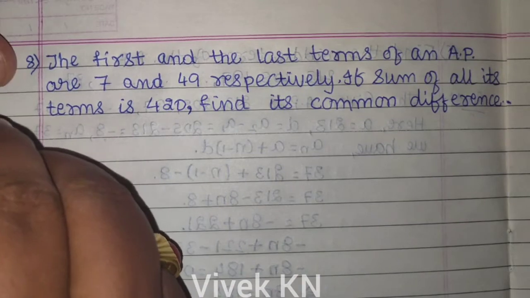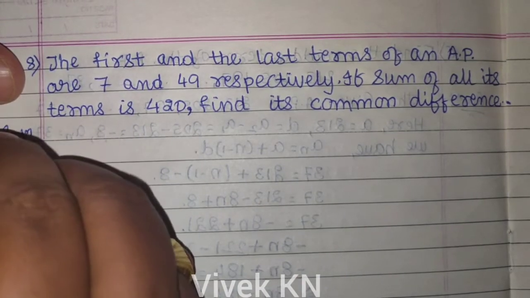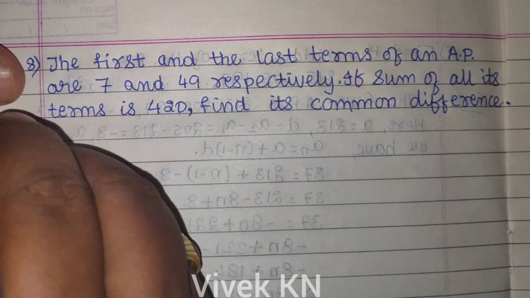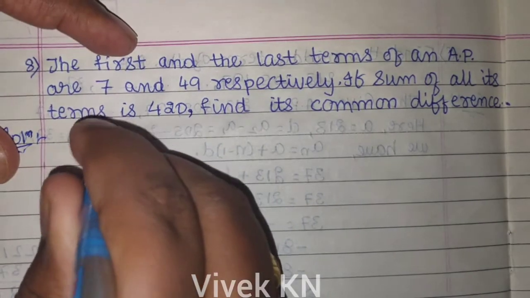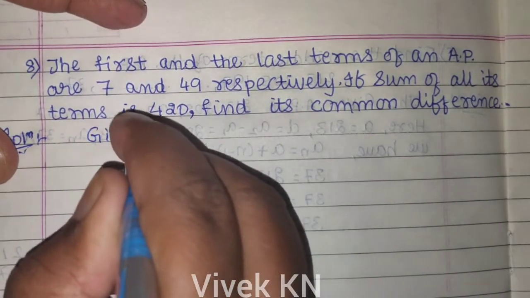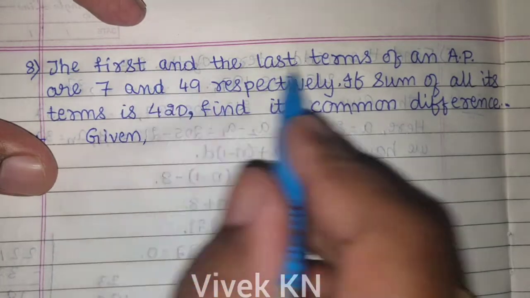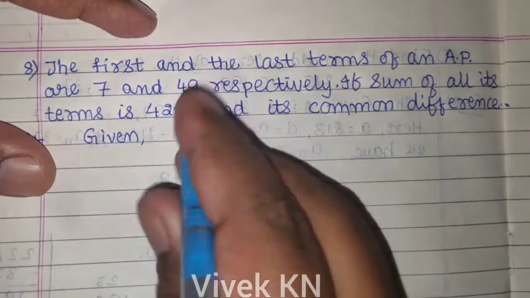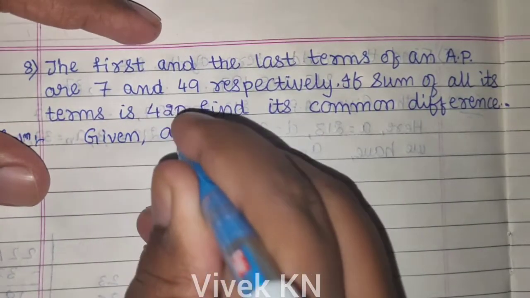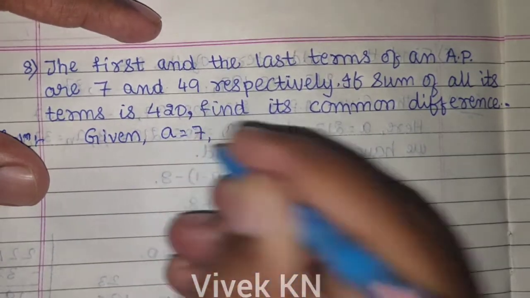Solution. Given, first term of an arithmetic progression is 7, that is a is equal to 7.